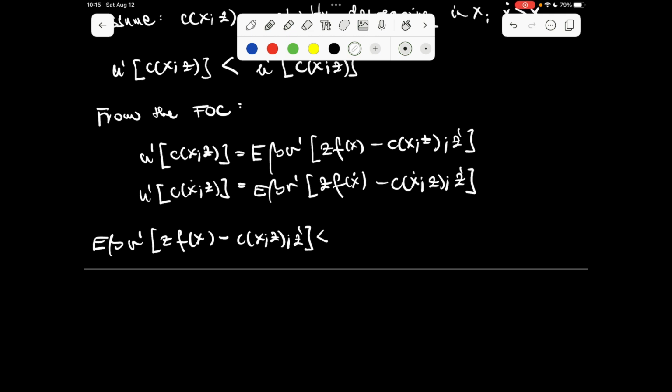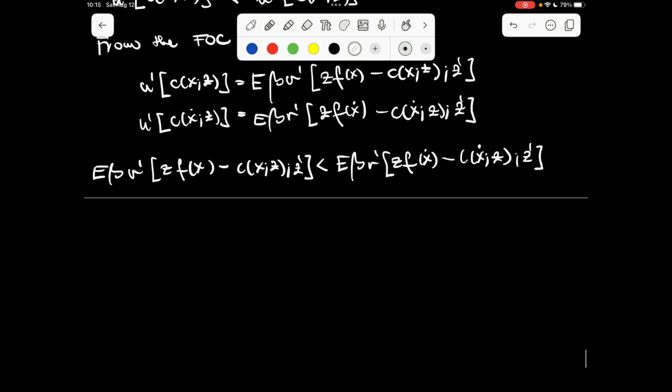and given that the shock is i.i.d, we don't need to pay attention to z prime. It's completely unrelated to the current shock and current endogenous state. So it's no problem.